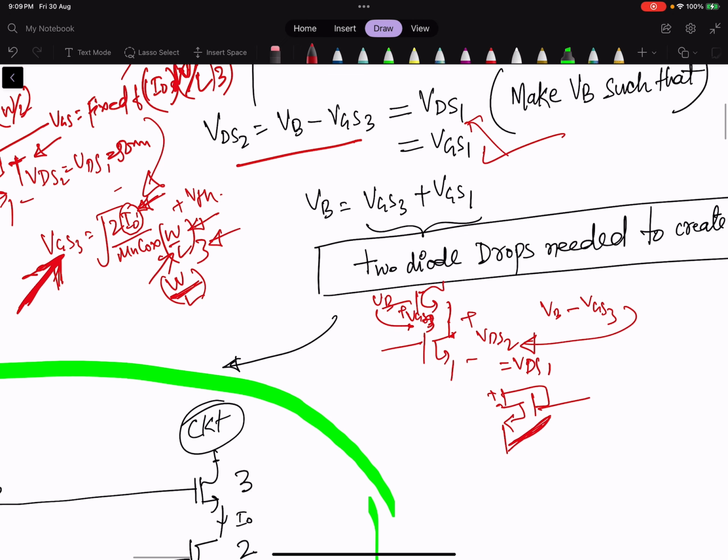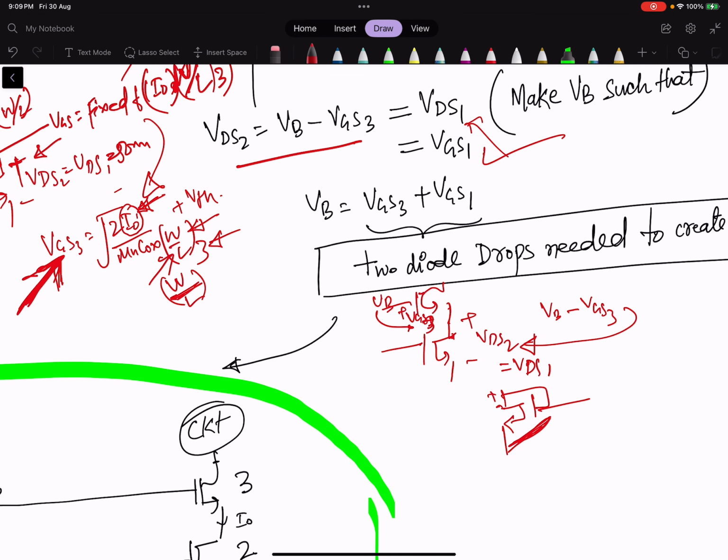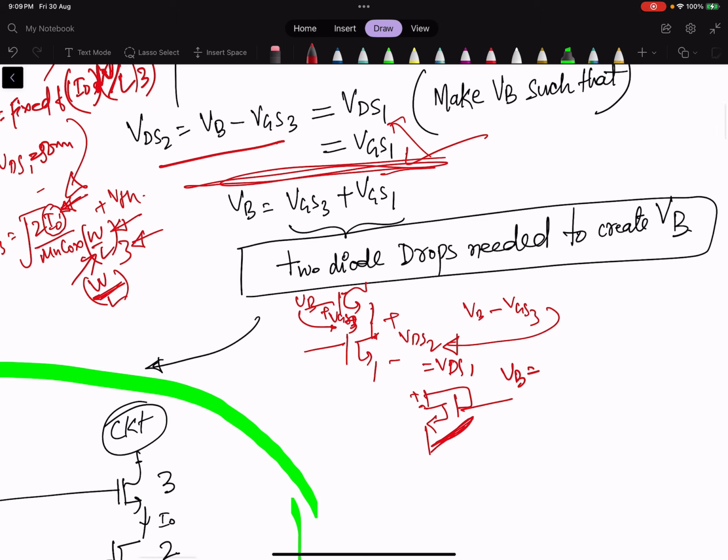If you see closely, by this equation, the VB value is VGS3 plus VDS1, that is, VGS3 plus VGS1.